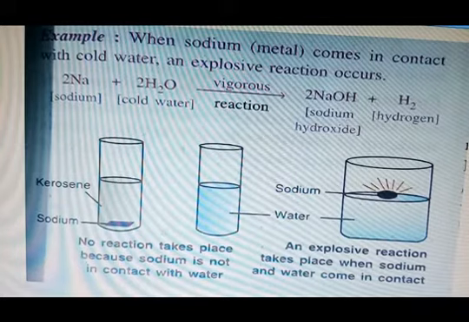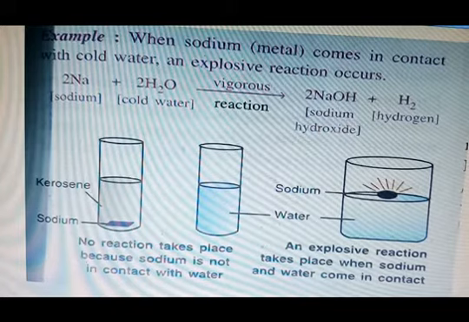So no reaction takes place because sodium is not in contact with water. Until and unless you bring the reacting substances, that is the reactants, in close contact, the reaction does not take place. So number one condition required for a chemical reaction to take place is close contact.